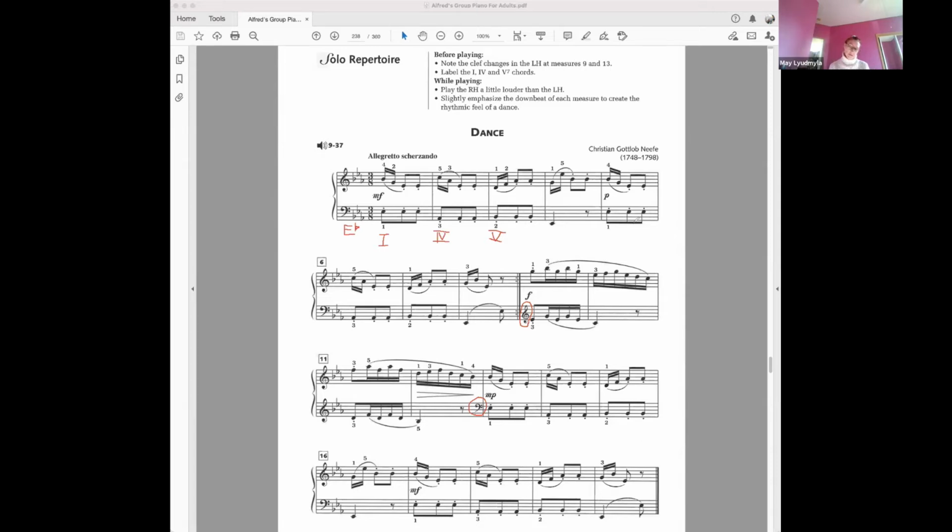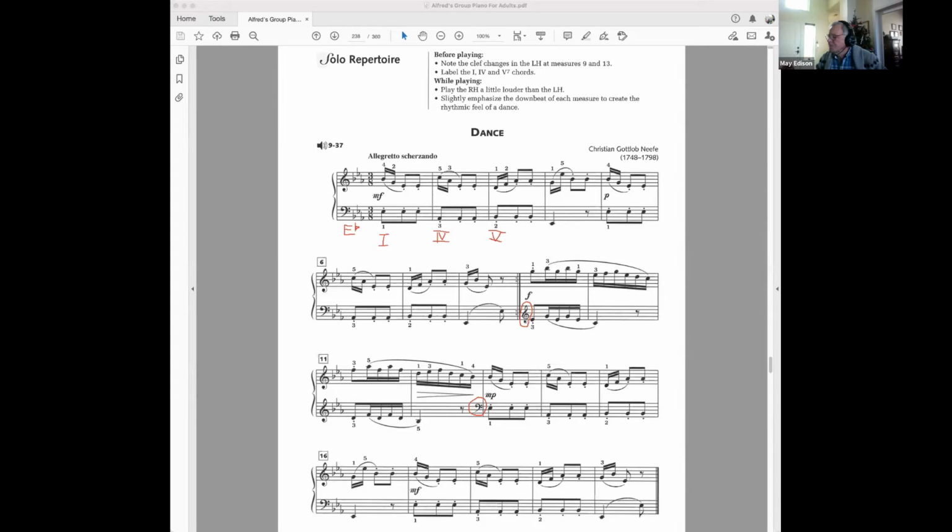I think the hardest part is going to be this bit right here. That's going to be hard. Yeah, because you have fast moving notes, you have the 16th notes, and you have a lot of skips. But what is nice is you're going in the same direction.